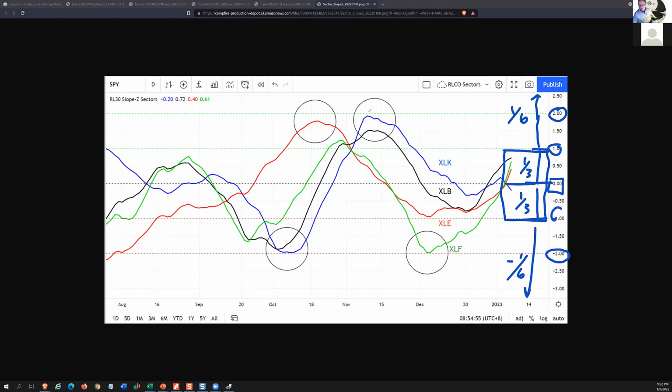Now I want you to notice when you put technology versus materials versus energy versus finance, there's something really important and useful. This is evidence of sector cycling. Like at this moment, both materials, XLB, and tech had reached a Z-2 minimum, a low, and then started to get better. Money started buying them when they were on sale. Hey, we can buy technology and steel companies on sale. Let's do that.